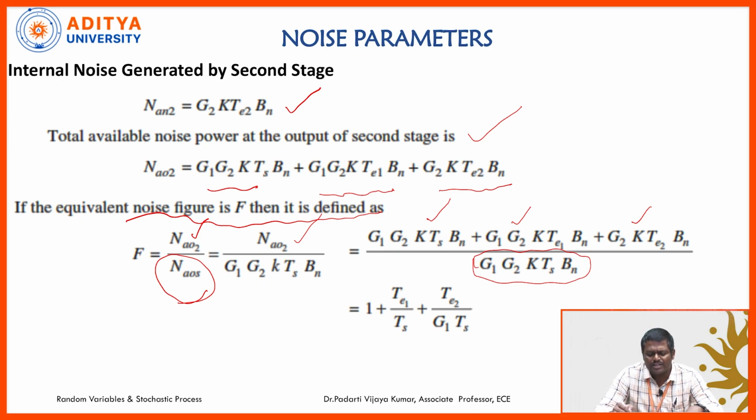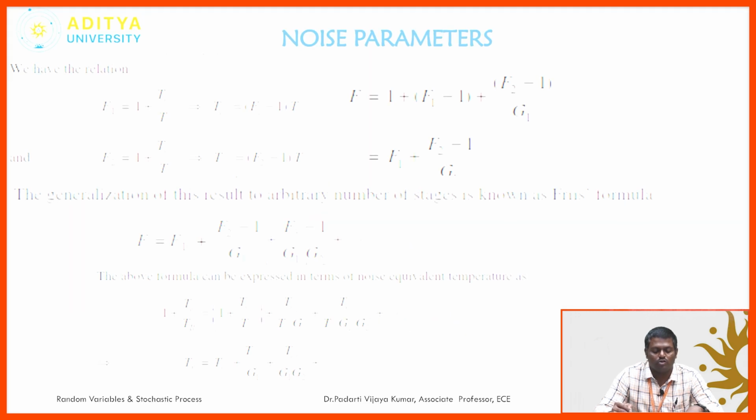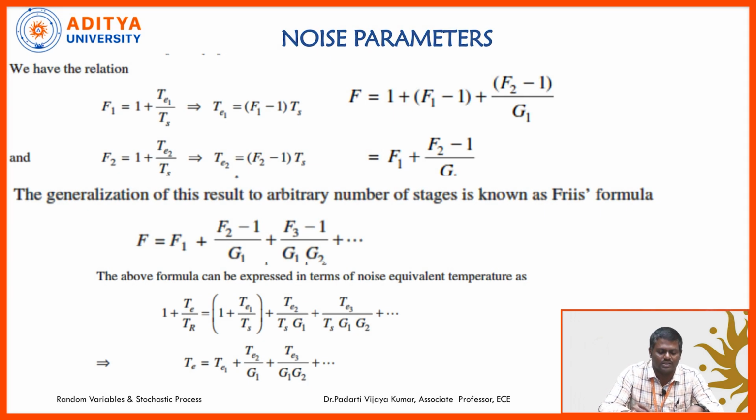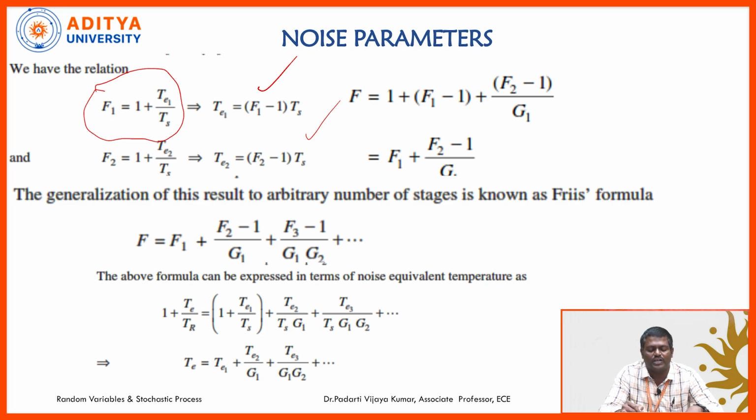When you mathematically calculate, what you will get, F is equal to 1 plus TE1 by TS, plus TE2 by G1 TS. So we know what is TE1 and what all this. We have seen in the previous noise parameter calculation, noise figure is expressed as 1 plus TE by TS. Based on that, TE1 is F1 minus 1 into TS, TE2 is F2 minus 1 into TS.